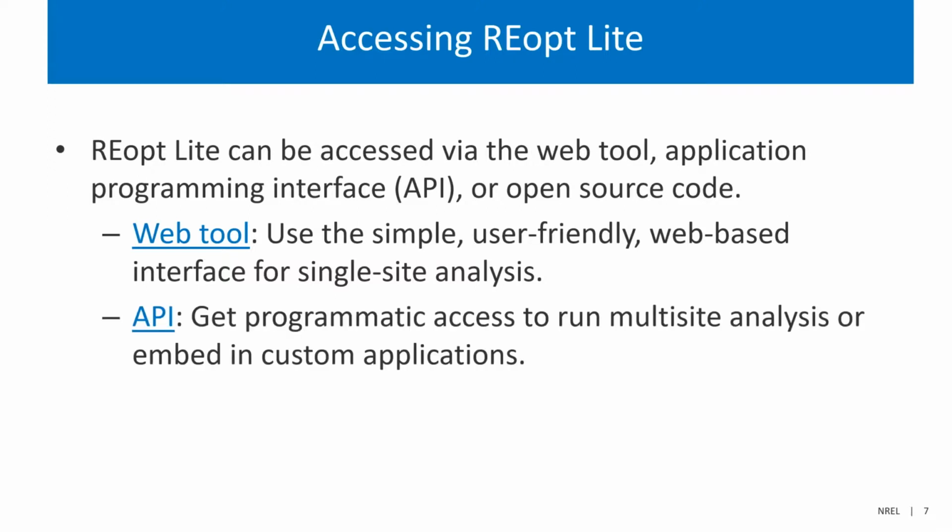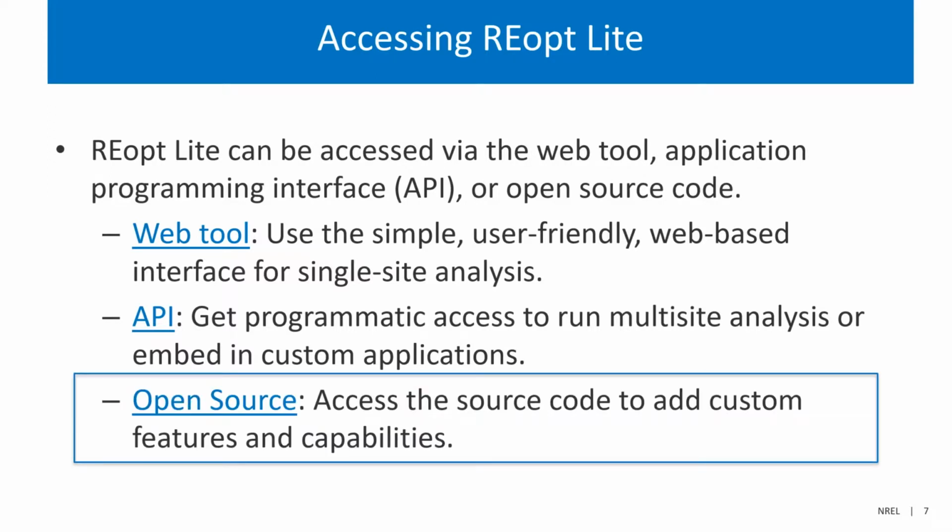Second is the application programming interface, which is essentially programmatic access to run multi-site analysis or embed in custom applications. And the third and newest addition to the REopt Lite suite is open source, where access to the source code for the API part of REopt has been made publicly available so that new features can be added by users and capabilities can be further utilized.